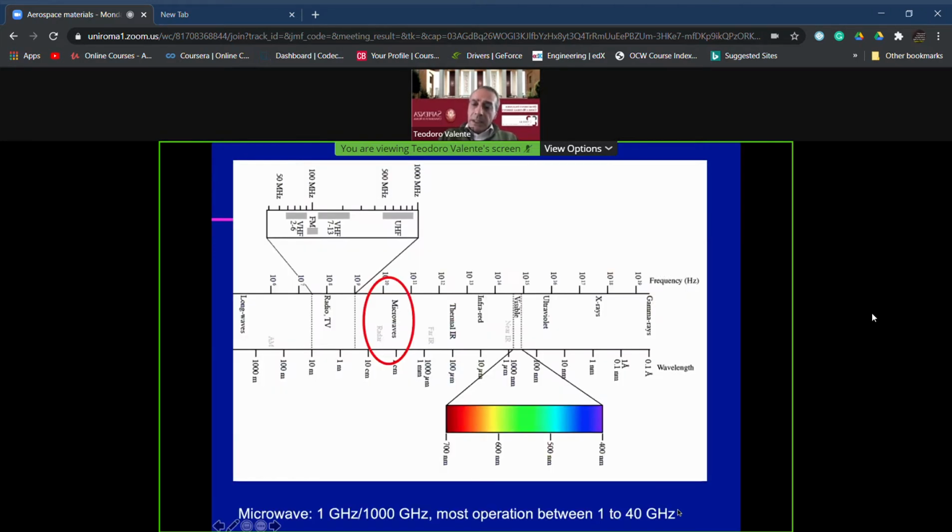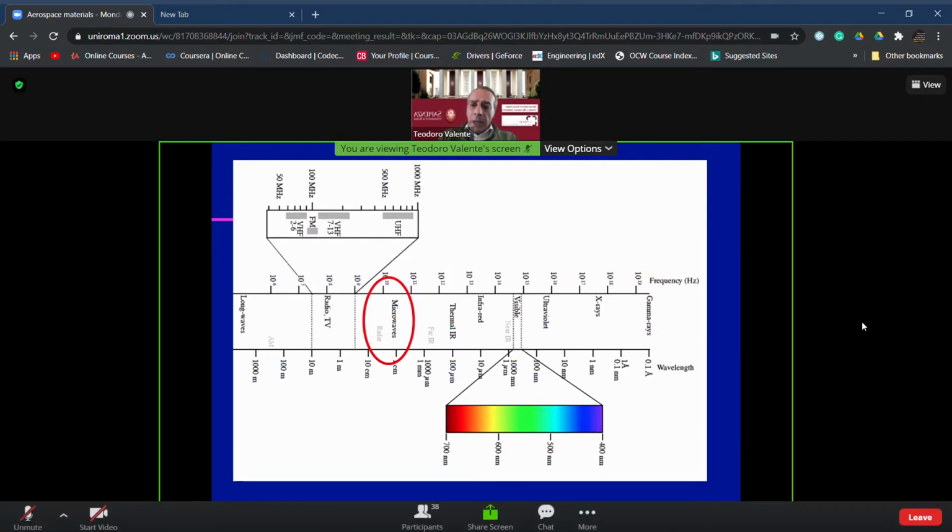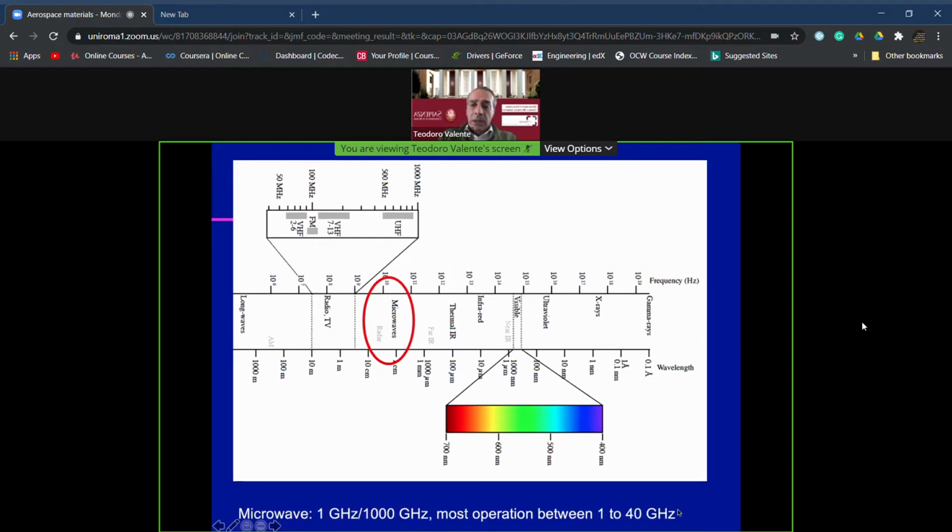So we are dealing with the electromagnetic spectrum, which, as you can remember, can be sequenced according to frequency or, as they are not independent, according to wavelength of the electromagnetic radiation.